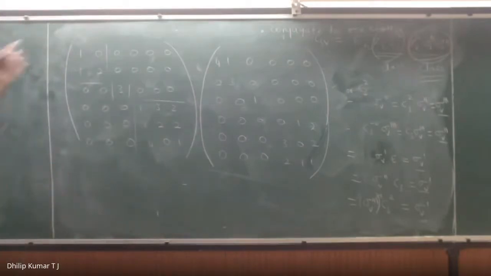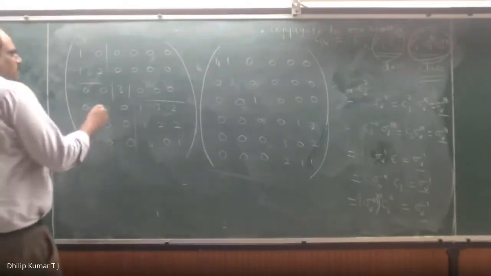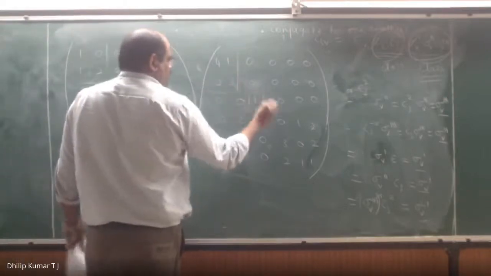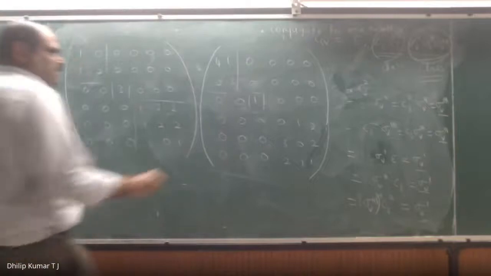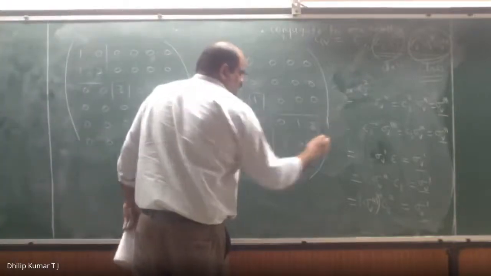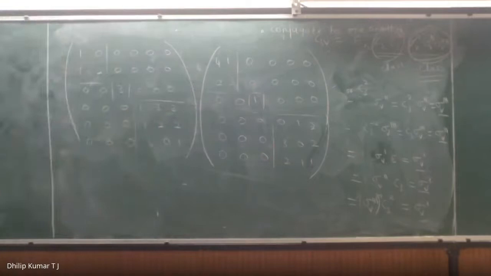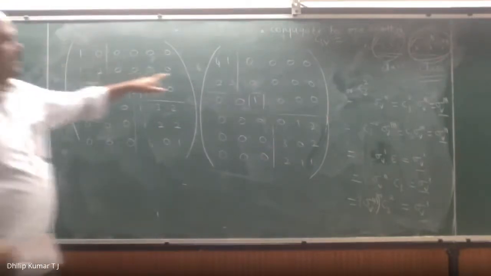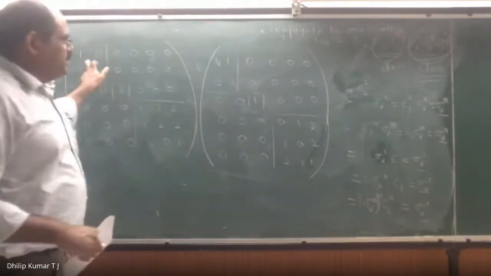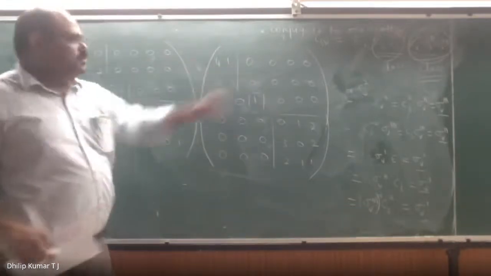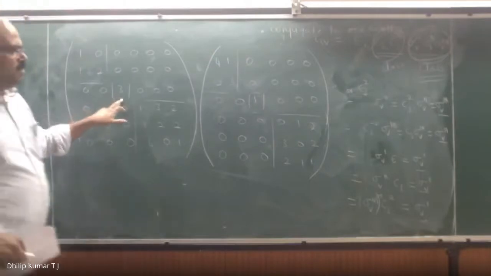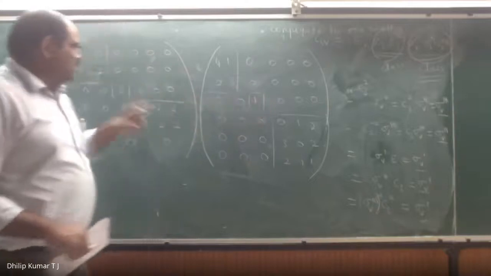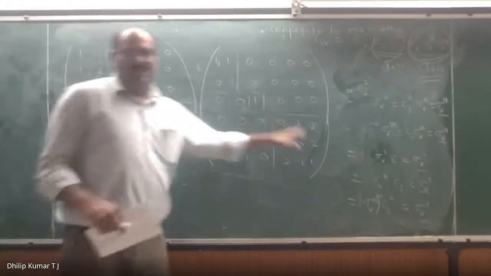Instead of multiplying the 6x6 matrices, I multiply only the corresponding matrix blocks. I transform the matrix into a certain form and make it block diagonal. You can see this part is a 2 by 2 matrix and here another 2 by 2 matrix, so I multiply only these 2 by 2 blocks and get the solution. Here it is just 1 by 1, so I multiply only these and get the solution. Here it is 3 by 3 into 3 by 3.